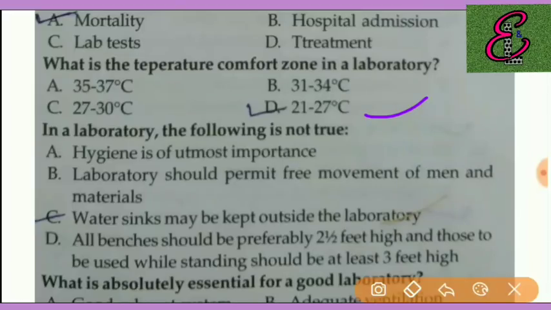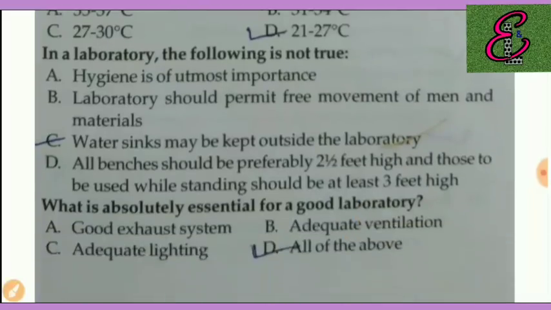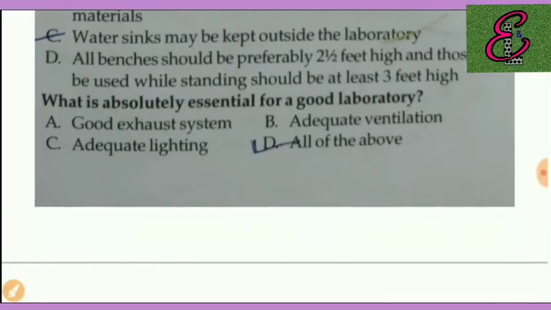Second question. In a laboratory, the following is not true. The answer is water sinks may be kept outside the laboratory. It is not true for the laboratory. Second question. What is absolutely essential for a good laboratory?